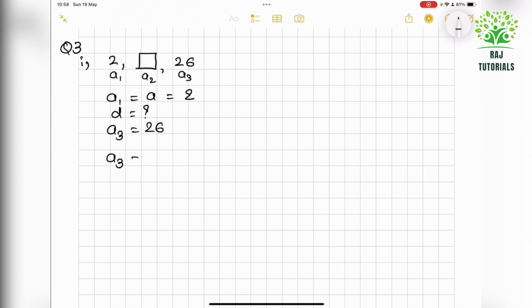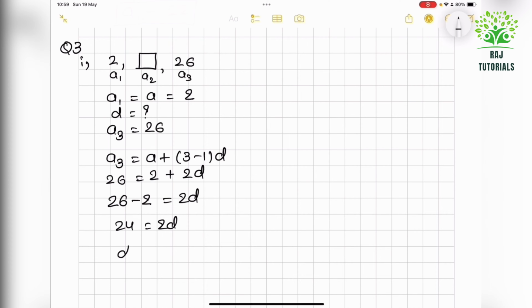So can I say A3 equal to a plus (3 minus 1)d? So 26 equal to 2 plus 2d. 26 minus 2 will be 2d. 24 equal to 2d, so d will be 24 by 2. So d equal to 12.